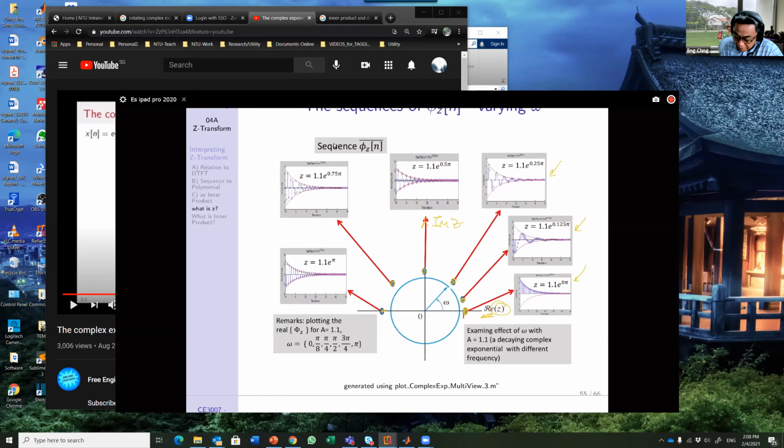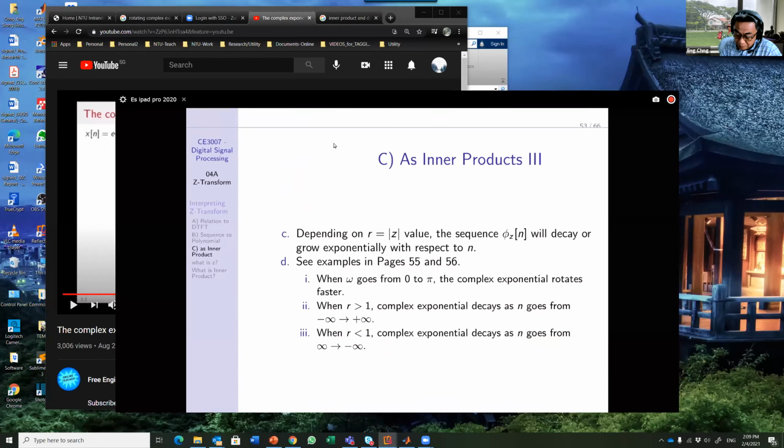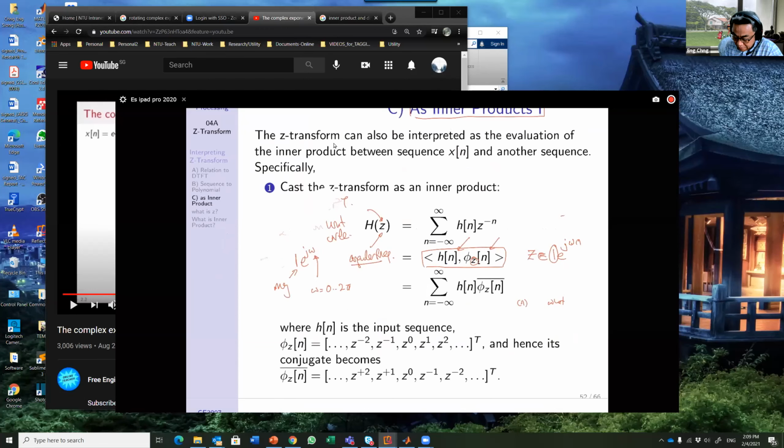This plot is the values that you will get from plugging z into this guy. So basically it is a vector, and this guy will be z^-0, z^-1, z^-2.